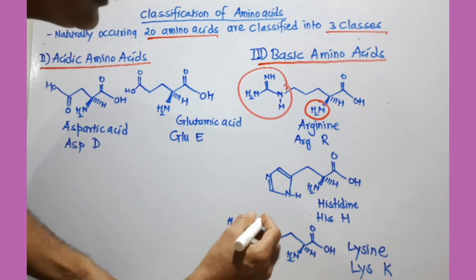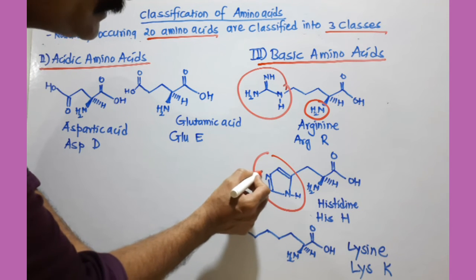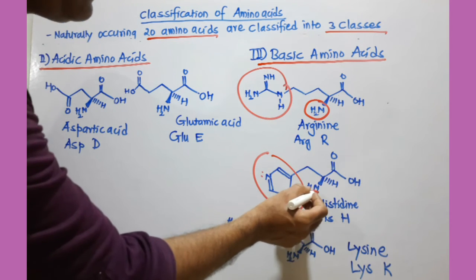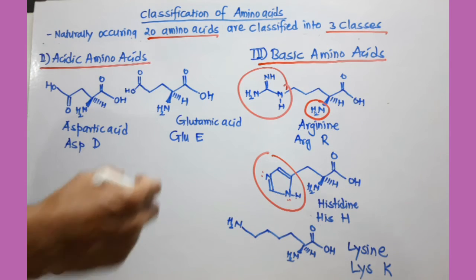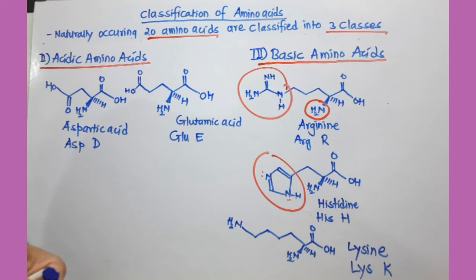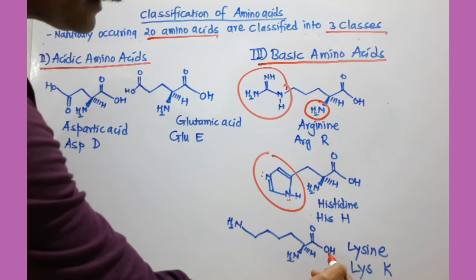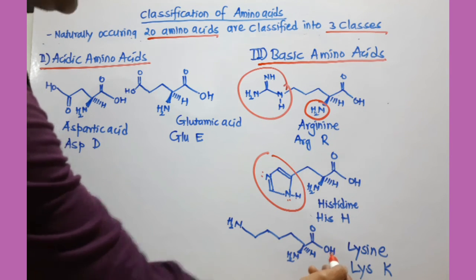Another is histidine, a very important amino acid. This is a basic group, so apart from the NH2 group, one more basic group is there.